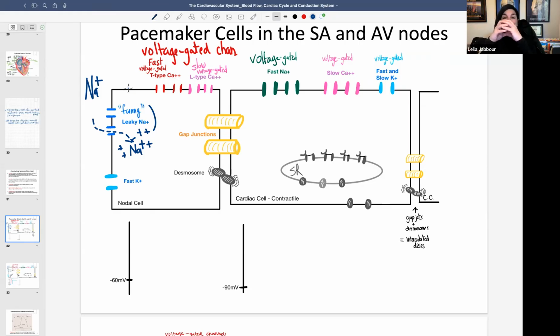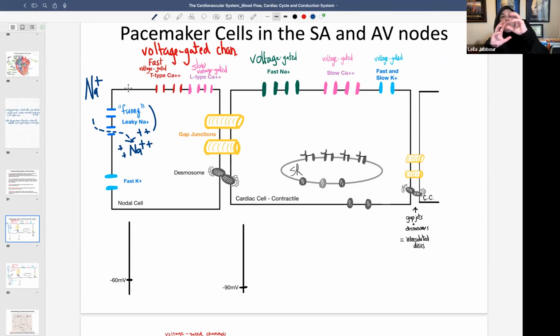The sodium potassium pump is something that should already be anchored in your memory forever. It establishes gradients for both of these ions, where you have more sodium ions outside than inside the cell, and more potassium ions inside the cell than outside.